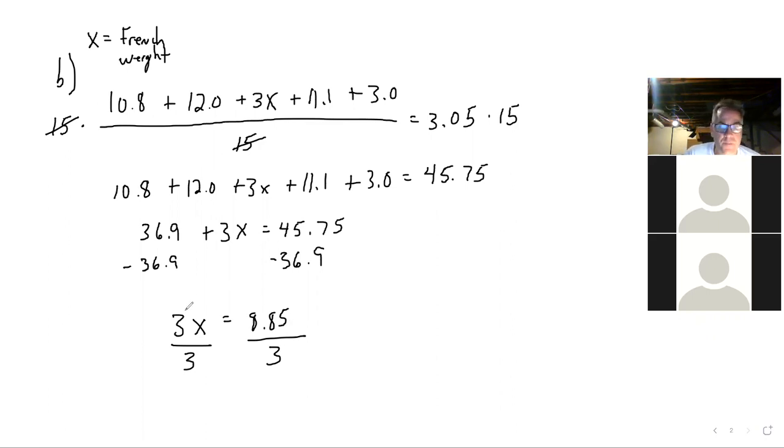So I'm going to say just divide both sides by 3. Again, that cancels these out. And then I would just calculate what is 8.85 divided by 3. What that gives me is x, that French weight, the weighted score from the French class that I would need to get that GPA to be 3.05 is 2.95.